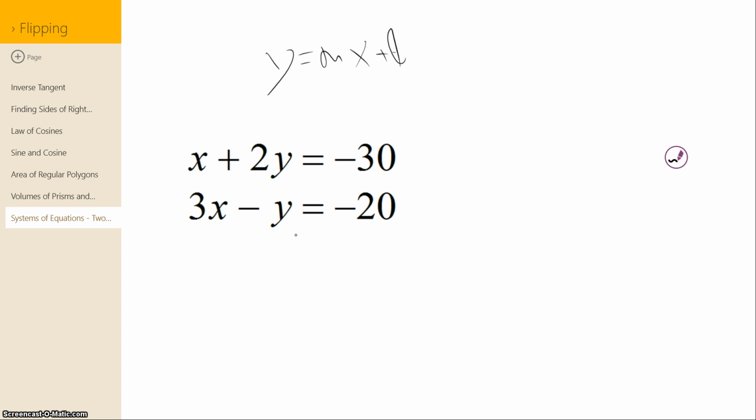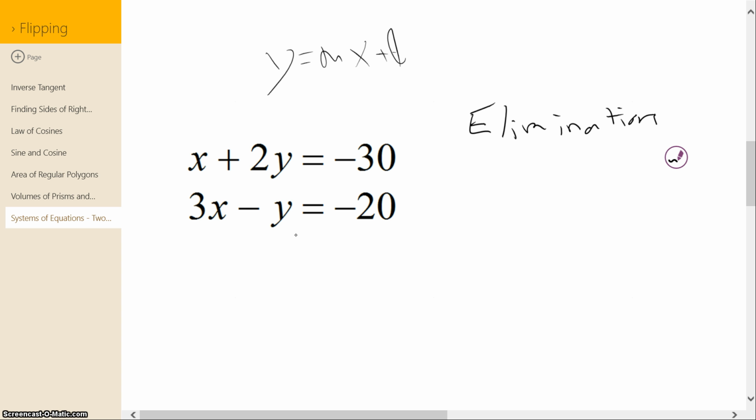Now, this should be review. This should not be anything new, but I do want to cover this, make sure we are totally copacetic with this before we move forward, because we are going to take it to the next level, if you will. First of all, let's try and solve this guy via the elimination method.